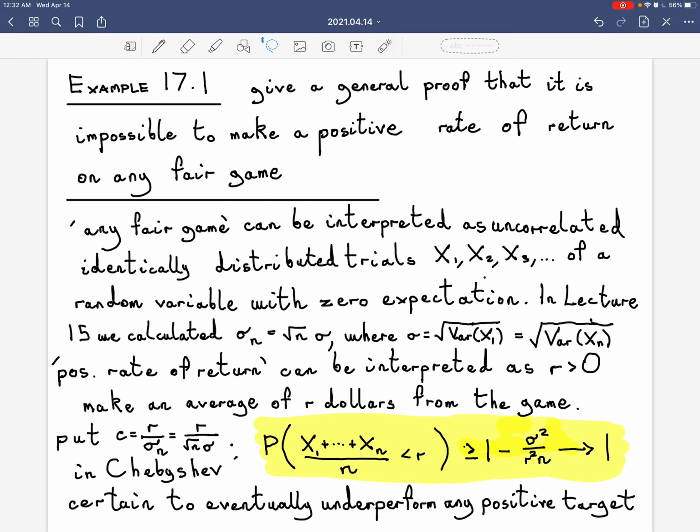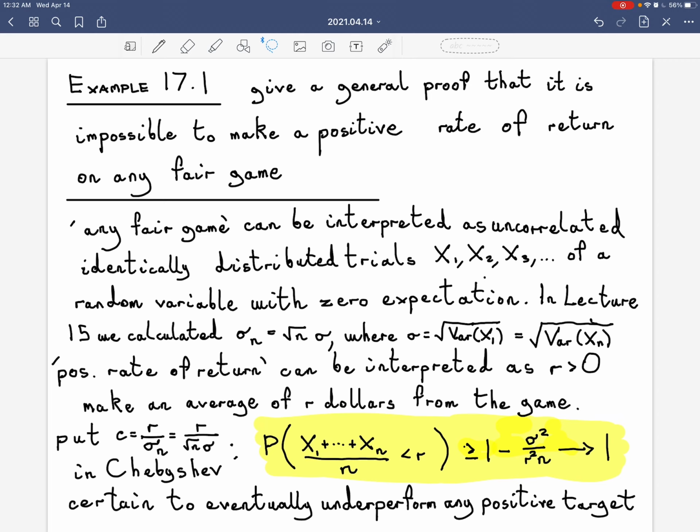With an experiment, you just observe something. You play a game, you observe something with an intention to maximize it. So we've been thinking about these games that can be interpreted mathematically as uncorrelated, identically distributed trials of a random variable. And the word fair means the random variable has zero expectation.